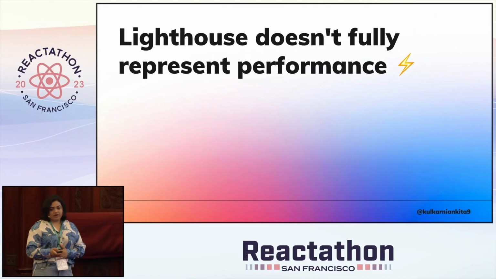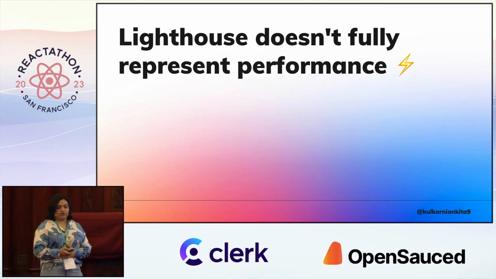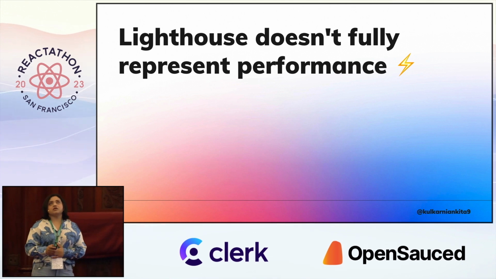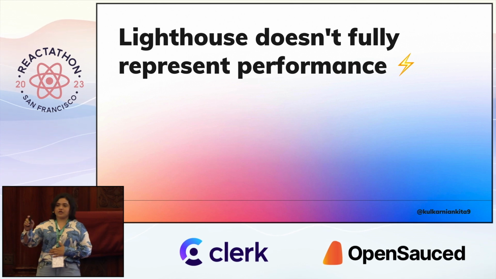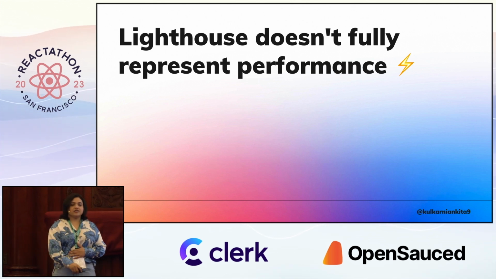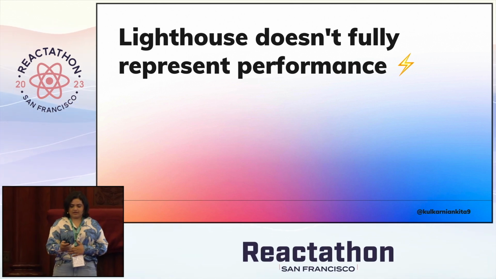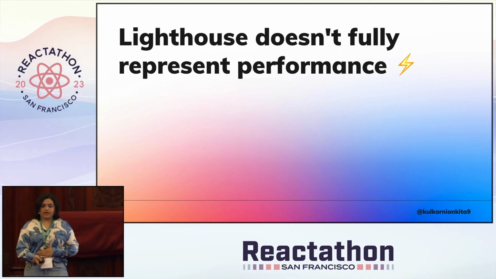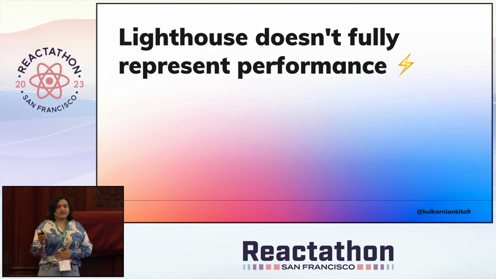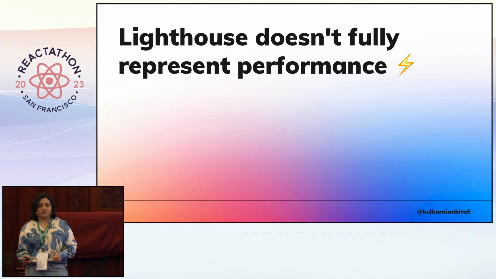And lastly, Lighthouse doesn't really represent performance, because React is performant out of the box. But in general, that's the first step you should do. You should go to Lighthouse and check your performance score. But if Lighthouse says it's 99, does that mean that it is really performant? Does that mean that you don't need to worry about it in general? Not really.